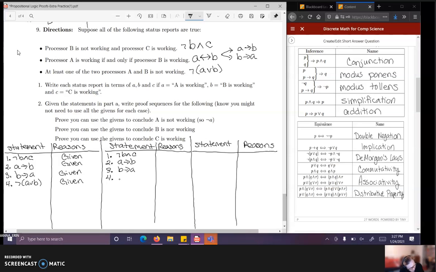So we're going to try to prove the things that we're asked. The first thing is that A is not working. Then we're going to try to prove that B is not working. And then we're going to try to prove that C is working.